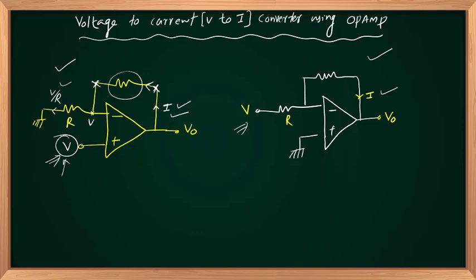In the second case, similar to our non-inverting amplifier, this is an inverting amplifier. This potential is at 0 volts. Virtually they are at same potential.